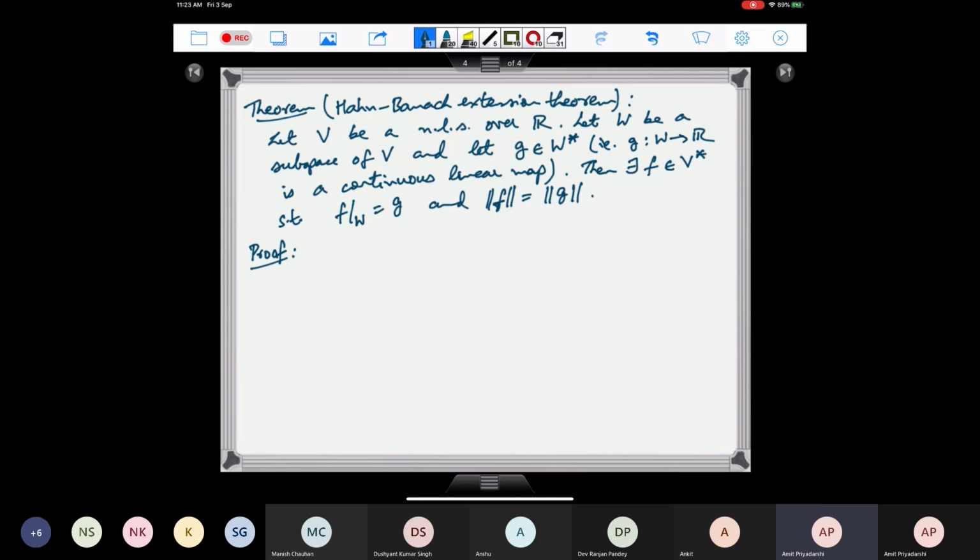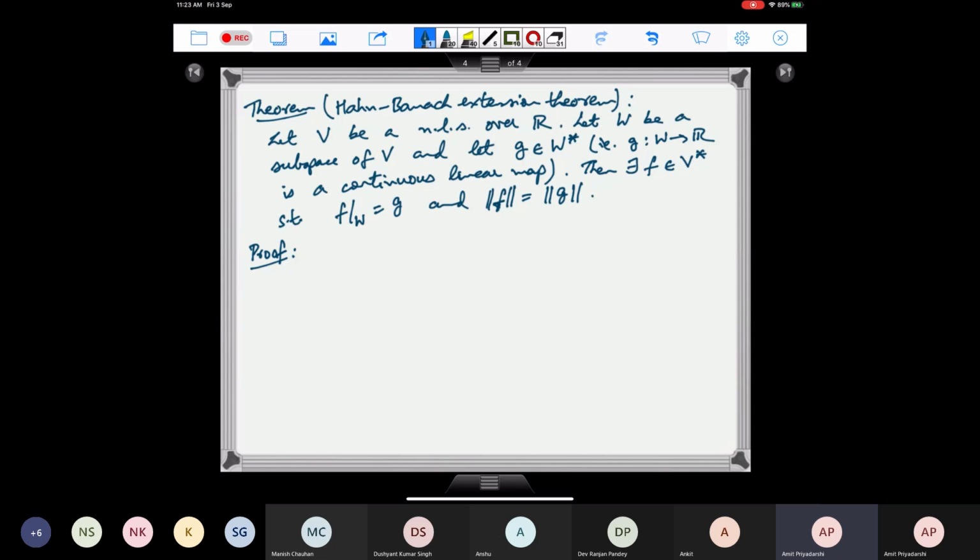Of course, when we take this norm of g, it is for the space W star, and here F is a bounded linear functional on V, so this is in V star. So we will just apply the previous theorem to this.